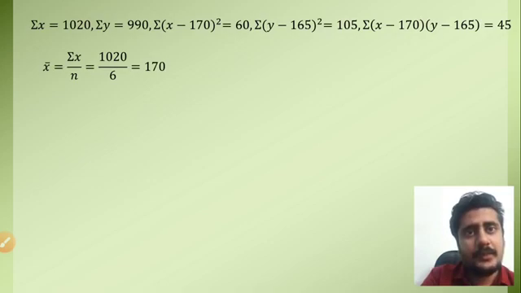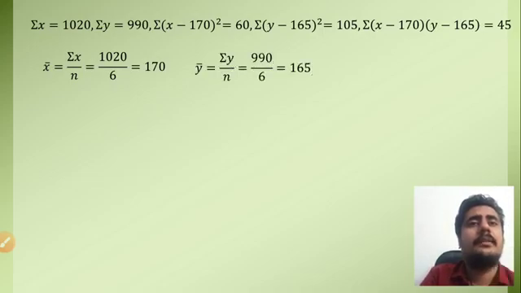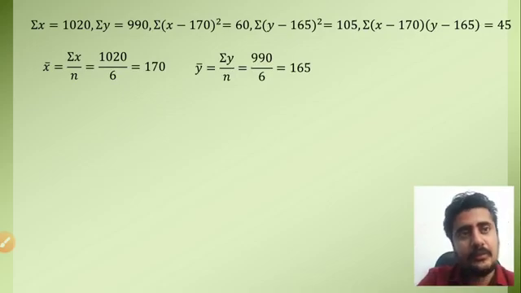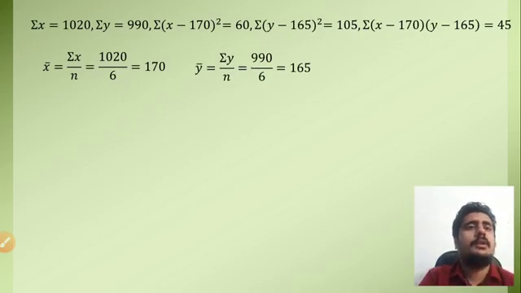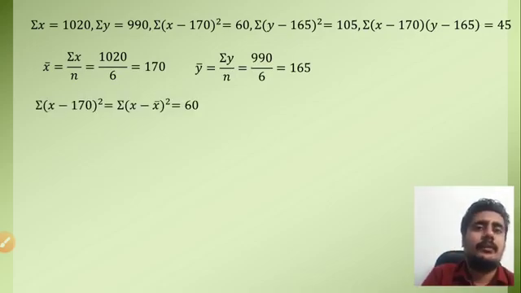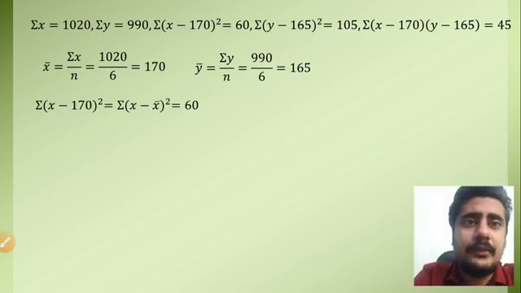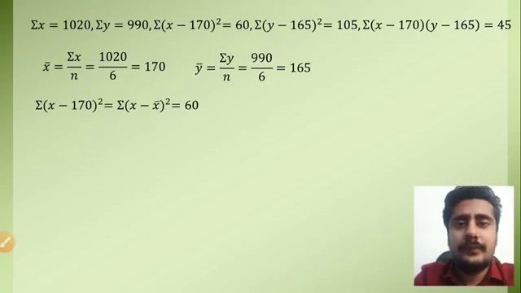What is x bar? It is sigma x upon n, n is 6. So basically x bar is 170. What is y bar? Y bar is sigma y upon n, that is 990 upon 6, that is 165. So sigma (x minus 170) square is given in the question, you can see.